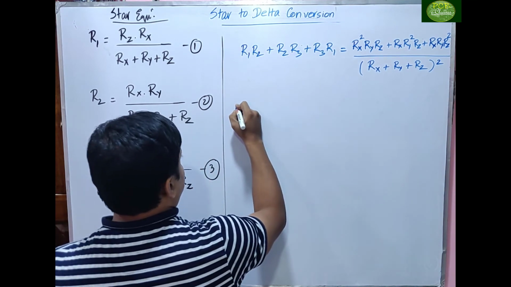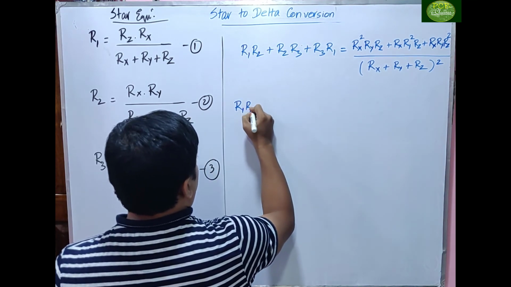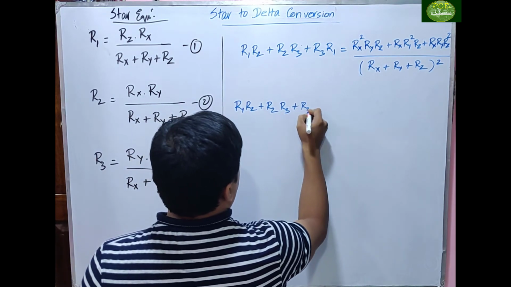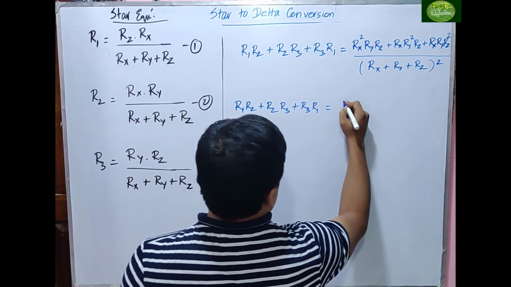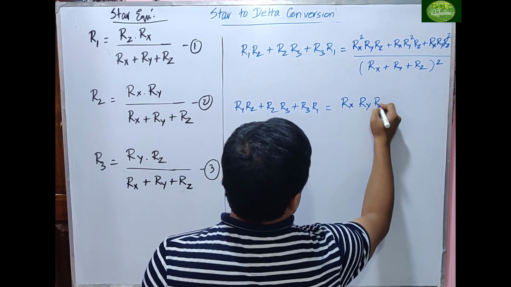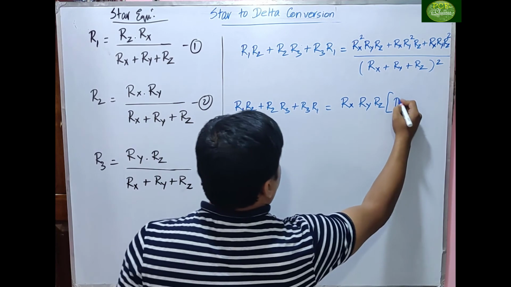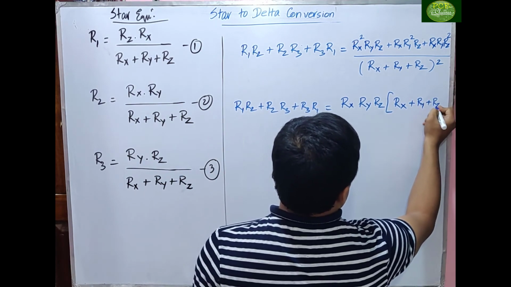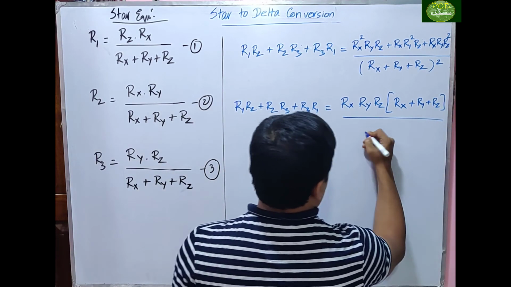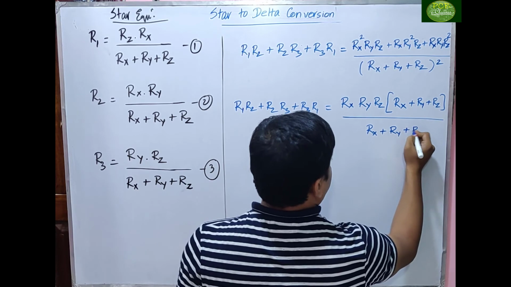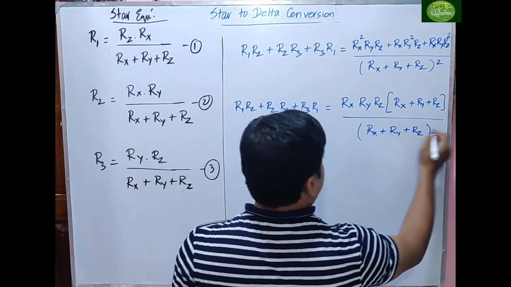Now from this equation, I'll take common Rx Ry Rz. So remaining will be Rx plus Ry plus Rz divided by Rx plus Ry plus Rz whole square.